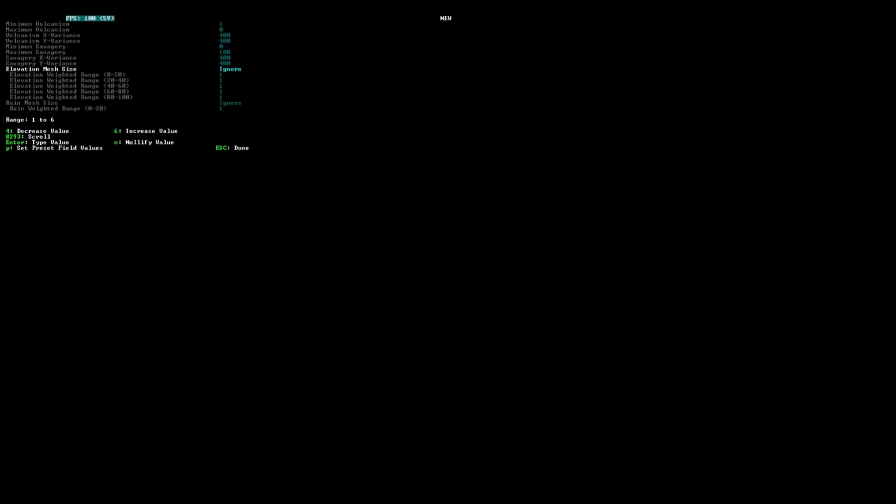So yeah. Next we have elevation mesh size, and this is for the terrain. So we'll describe what mesh sizes mean. Mesh size determines how many grid tiles there will be. Setting this to ignore will cause the weighted range settings to be ignored for that terrain characteristic.